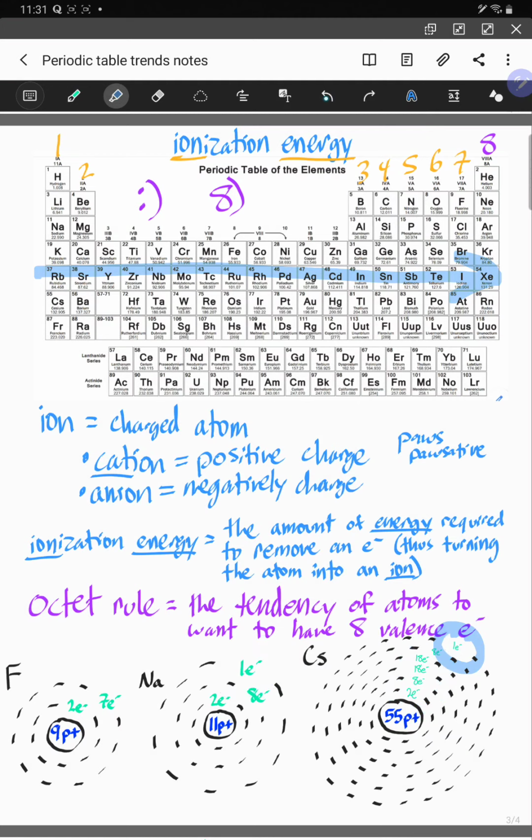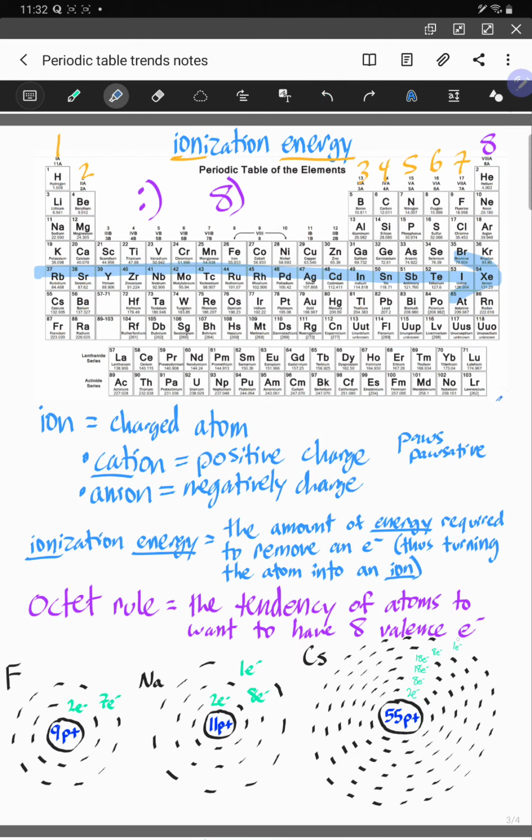So what does that mean in terms of ionization energy? Does that mean that cesium is going to have a higher ionization energy than sodium or a lower ionization energy than sodium? Remember that ionization energy is the amount of energy required to remove an electron. Is it going to take more or less energy to remove this outermost electron from cesium or this outermost electron from sodium?